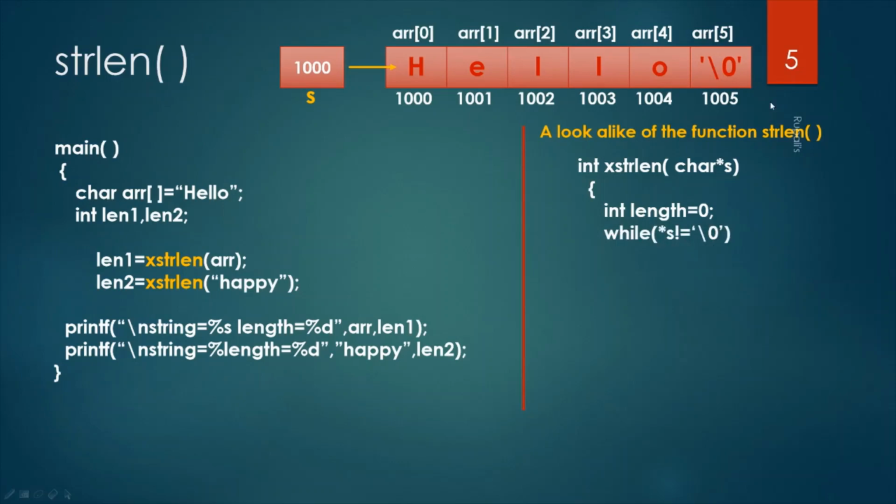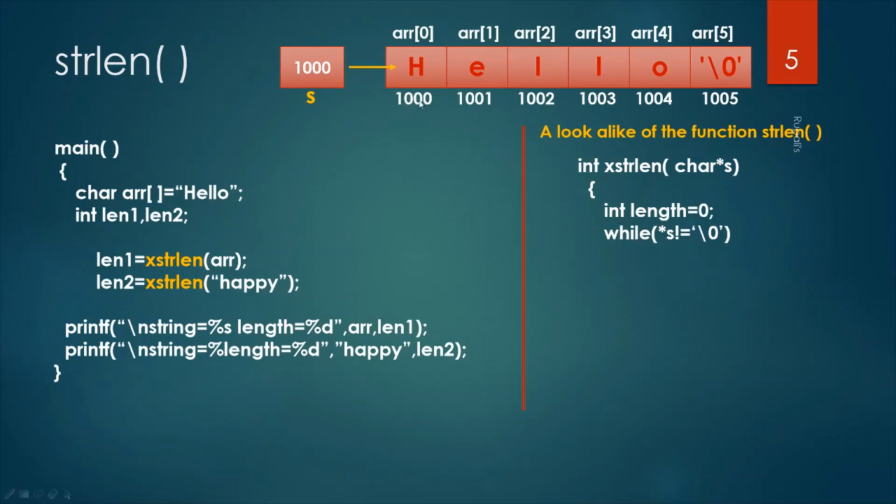So first tell me what is s. When I am passing arr, it means the base address of this array. Only the array name means the base address. So what is that? 1000. So what is the value of s? 1000. Now *s not equal to '\0'.